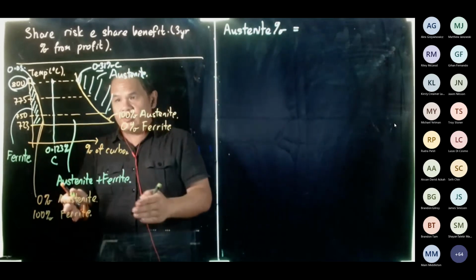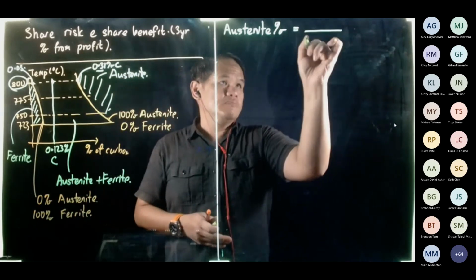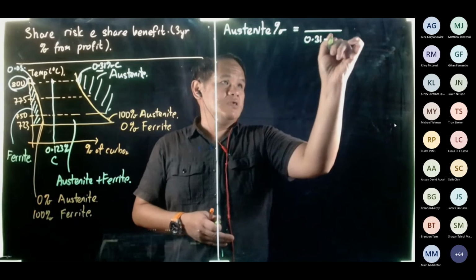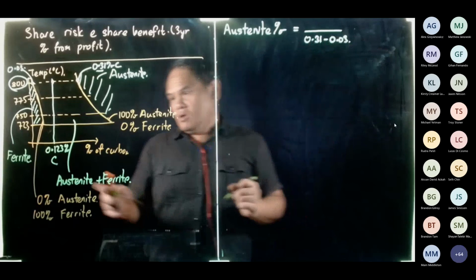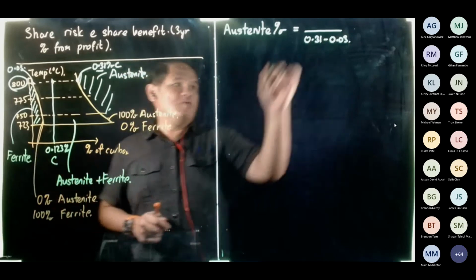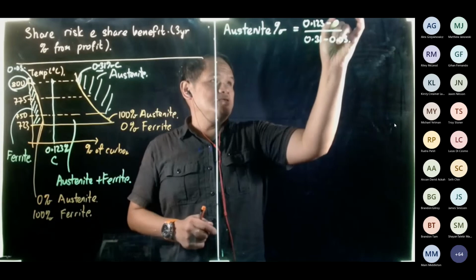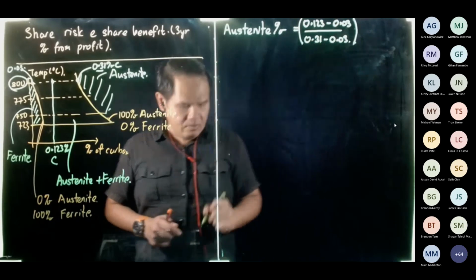The range below is 0.31 minus 0.03. The carbon starts at 0.123 minus 0.03.